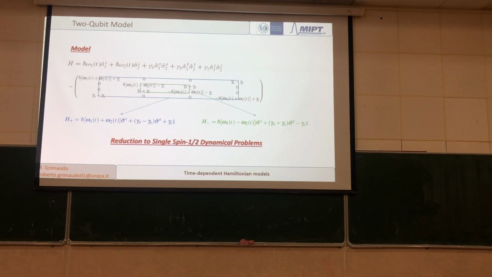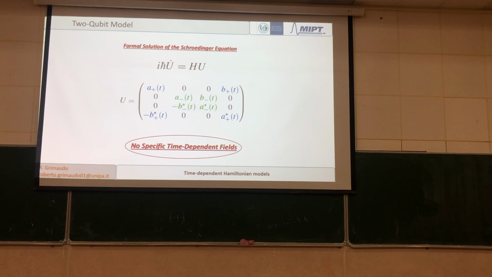So it is very important. Why? Because it means that we can reduce the solutions of our original dynamical problem into the solutions of two independent dynamical problems, each of which is a dynamical problem of a single spin 1/2, so a single two-level system. So we are able to write formally the solution of our original system: the formal solution of a two-level system for the external dynamics and the formal solution of a two-level system for the inner dynamics.